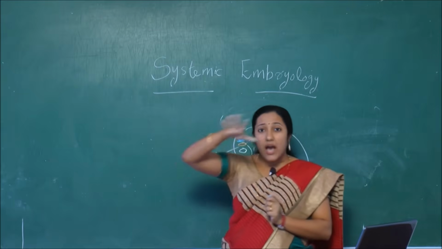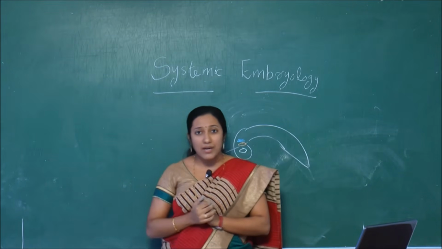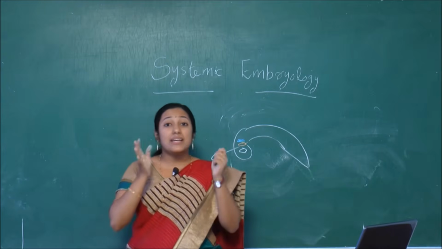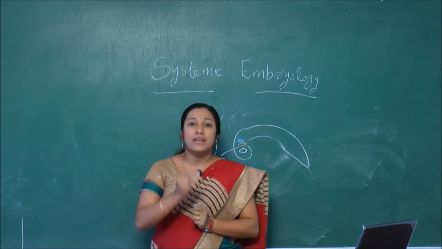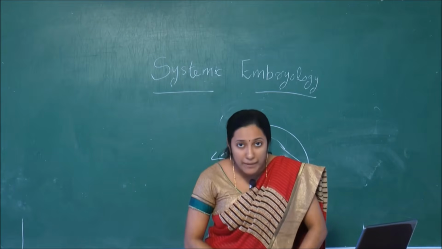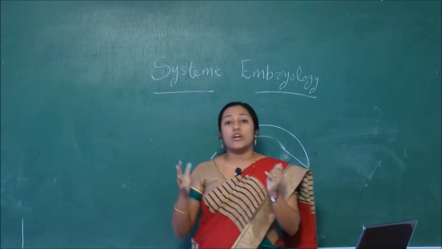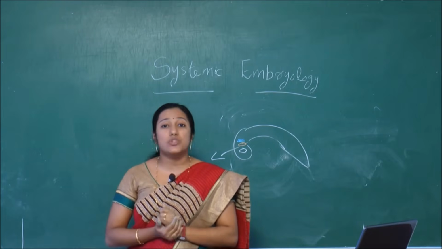So the diaphragm is a large muscular organ. It has a central part and a lateral part. In the central part, the contribution is mainly from the septum transversum and pleuroperitoneal membrane. Again, a little bit more laterally, it will get contribution from the lateral thoracic wall.